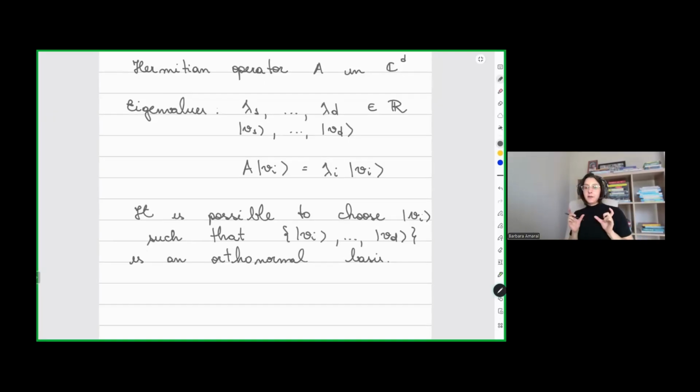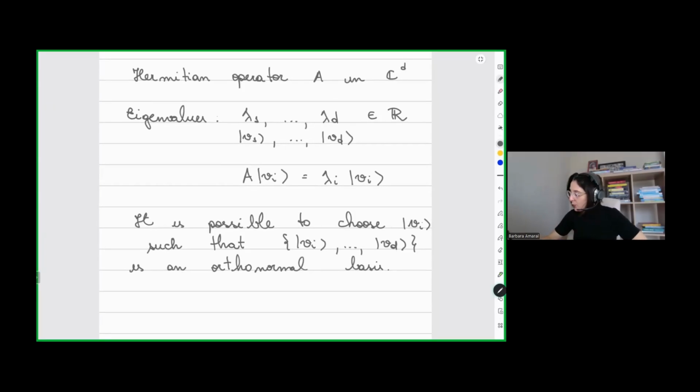So when you get different eigenvalues, this is automatic. They come out of the diagonalization process. But if you have degeneracy, you have to work a little bit on the degenerate space. Okay, but it's always possible.